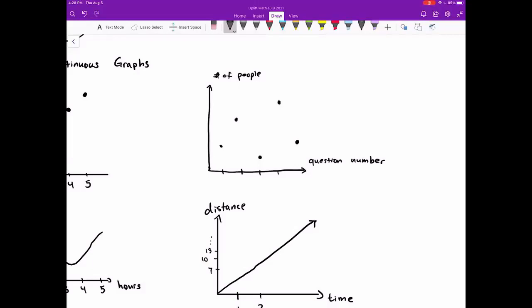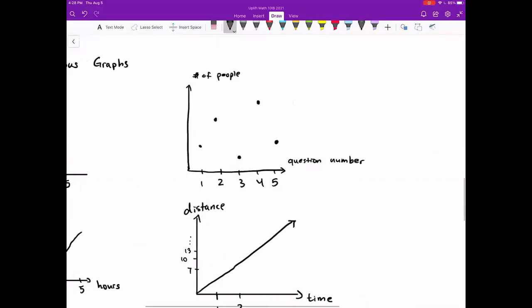I think that's pretty confusing, but you can't have question number 4.5, right? It's either question 4, question 5, or question 6, and so on. It can only be integral values. So in this case, we use a discrete graph because test numbers can only be whole numbers, or integers, or natural numbers.